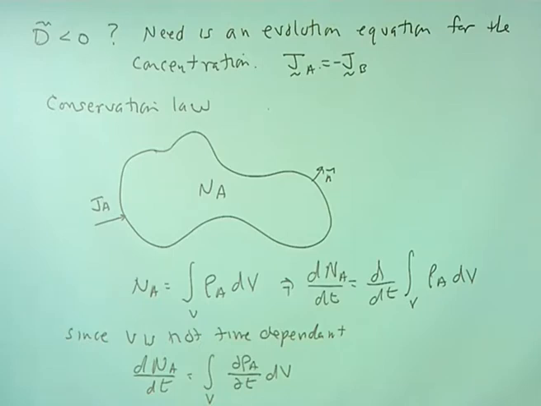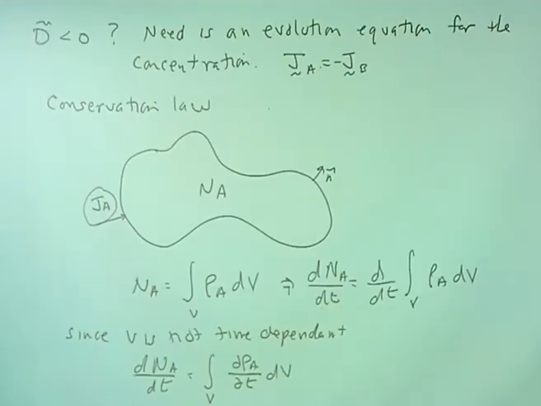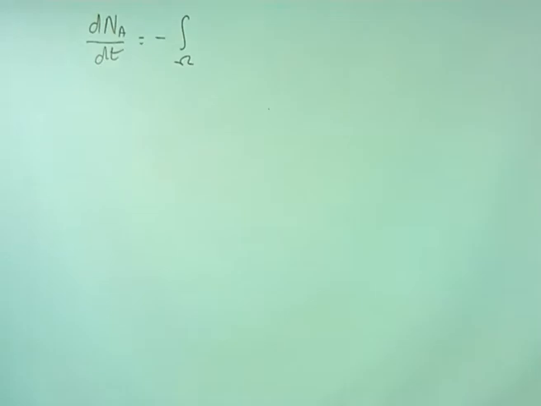So we have the number of A atoms in the structure change by the flux of atoms coming into the domain. And so you can write another expression for dN_A/dt related to the integral along the surface of omega. So this is the surface area, omega, along the interface, along the surface of V.